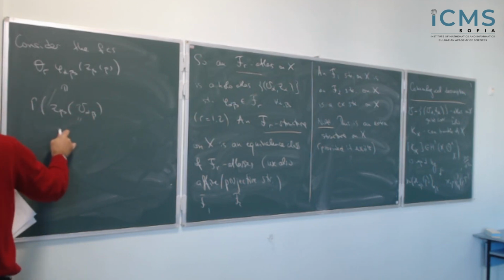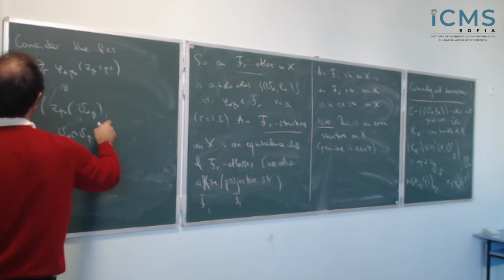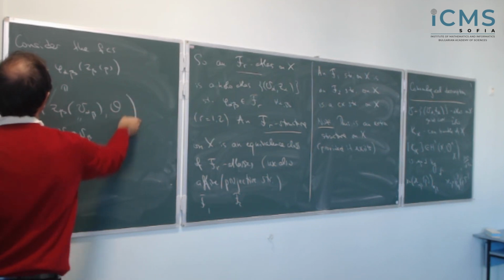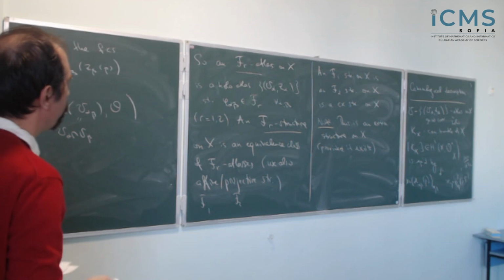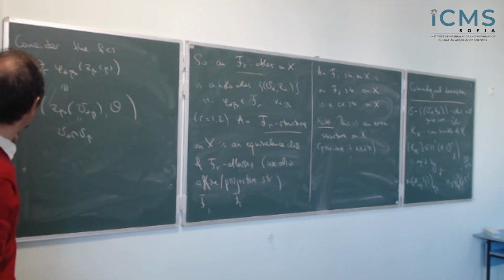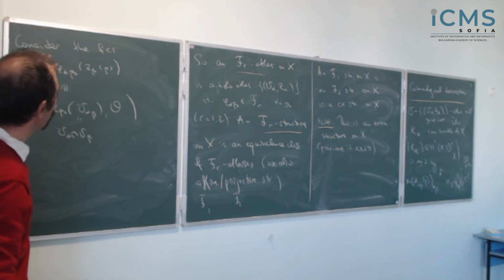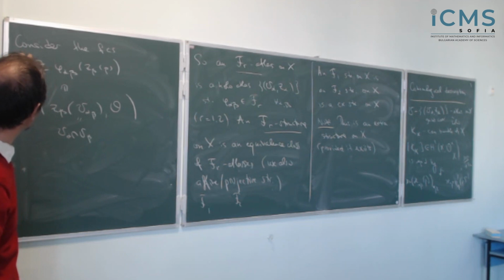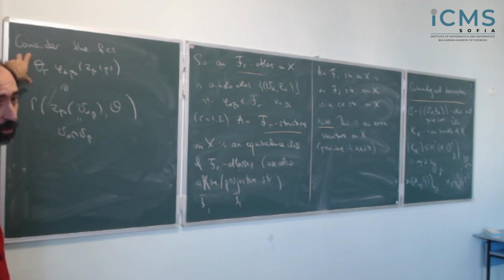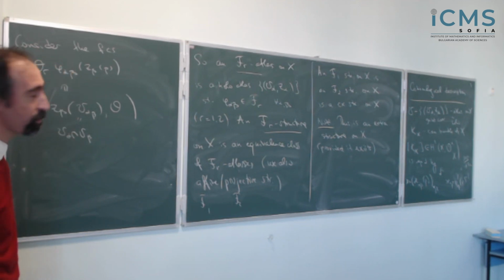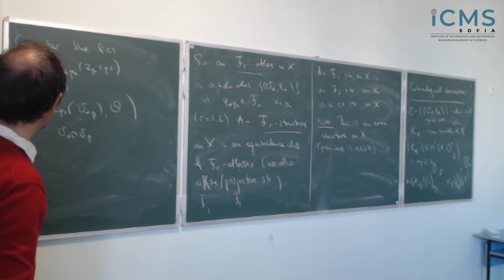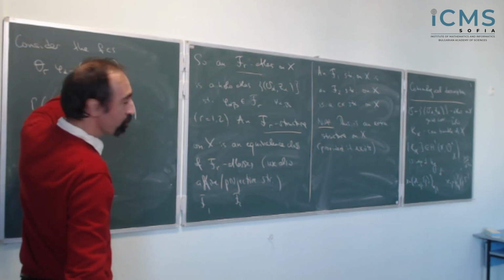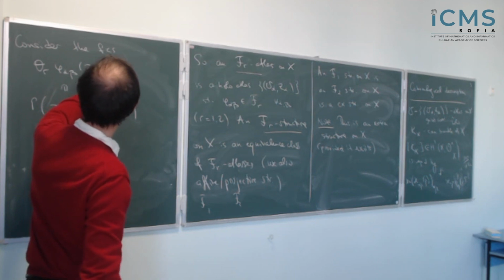As usual, I denote U alpha beta to be U alpha intersection U beta. So you take your atlas, you take your transition functions, and you apply the differential operator theta_r to this phi alpha beta.